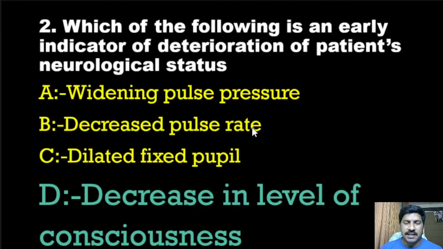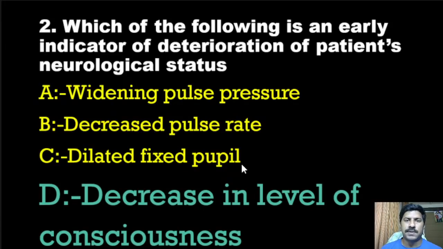Widening pulse pressure, decreased pulse rate and so on are seen in increased ICP, that is the Cushing triad: widened pulse pressure, decreased pulse rate or bradycardia, and irregular respirations. These three symptoms are known as the Cushing triad, seen in increased ICP.